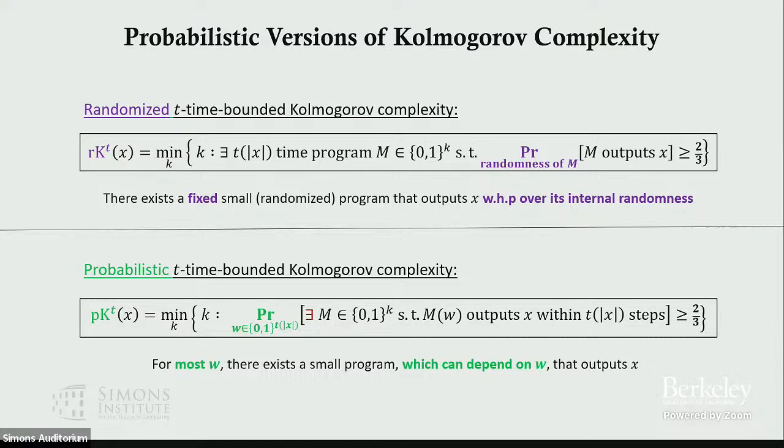So it's like a probabilistic encoding of X, where the encoding depends on the randomness, instead of a fixed encoding.